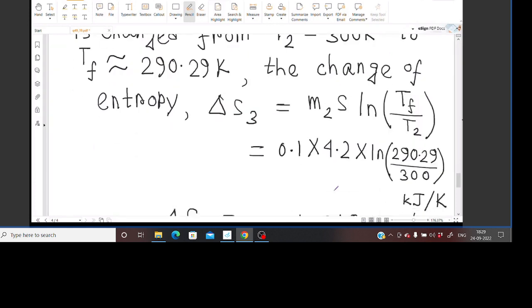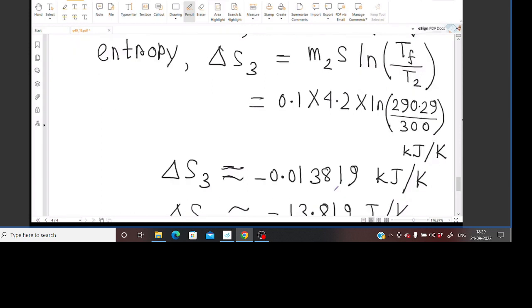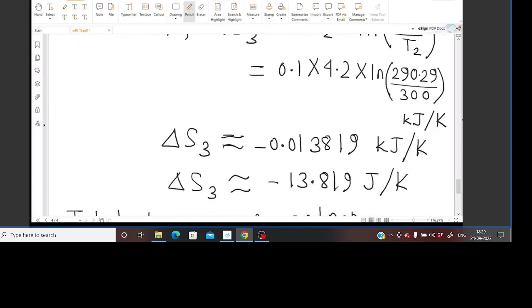Putting the values of m2, s, Tf and T2 and after doing some simplification, we obtain that delta S3 is equal to minus 0.013819 kilojoule per Kelvin. This can also be written as minus 13.819 joule per Kelvin.